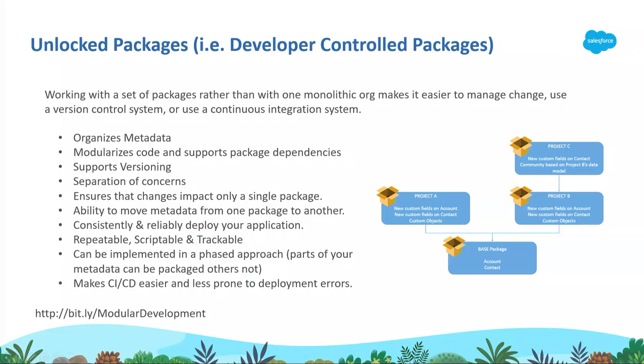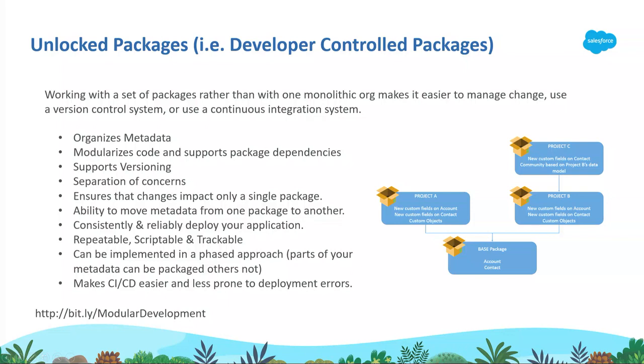Once you've got it out there, you take a backup of your user data, and then you'd have to add that class into package B, deploy that all the way up into production, and then restore that user data. So that was a very cumbersome process, but they've made a lot of great improvements around that, so you can actually move metadata between your packages as well.